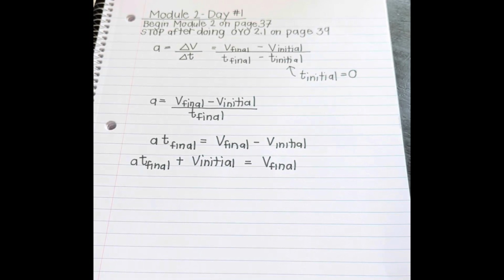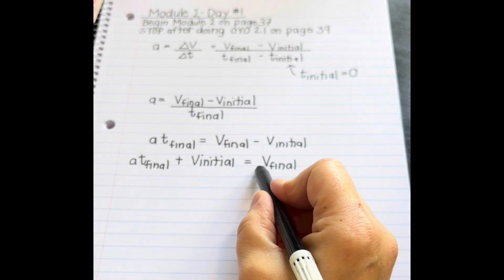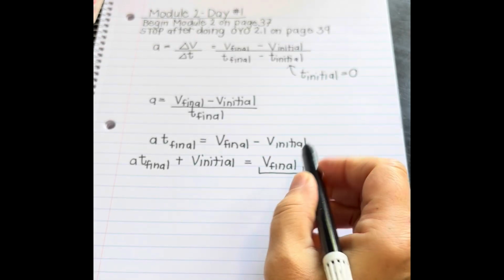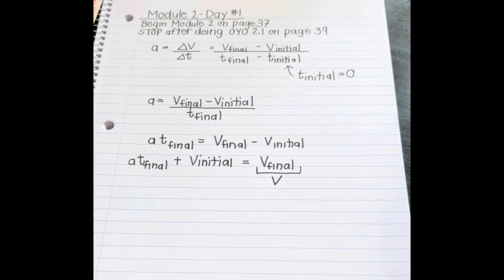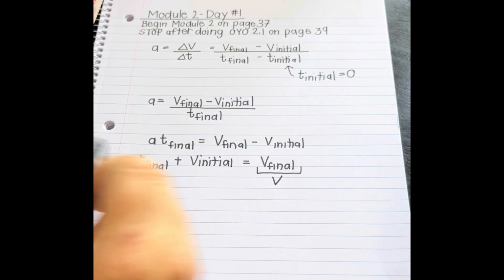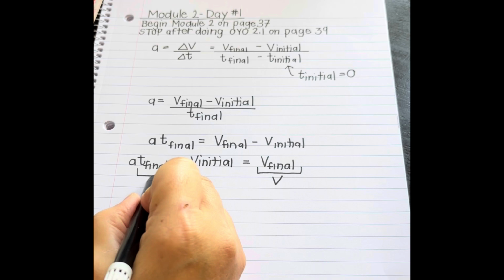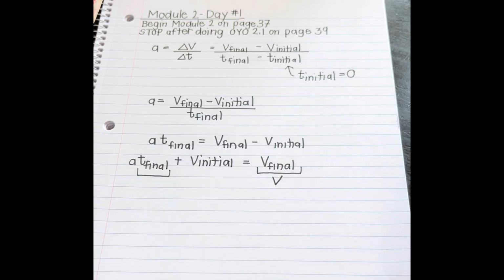Nothing hard there. All right, as a final adjustment to this equation, I am going to rename a couple of these variables. Since most problems want to know things about the final state of a situation, I'm going to rename V final to just V. All right, so V final going forward will just be called V, and T final going forward will just be called T. They mean the exact same thing.